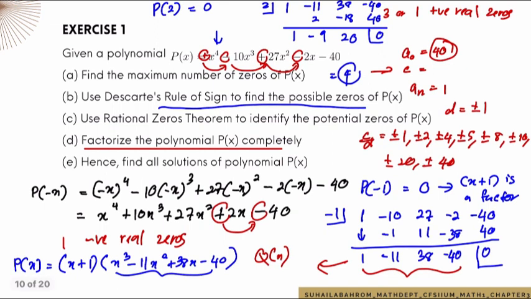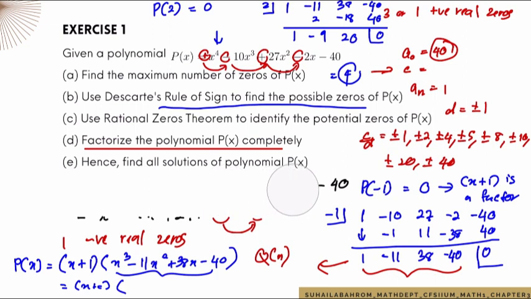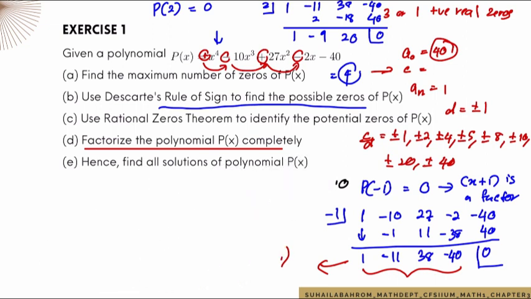So you can reduce this one to x plus 1, and then, let me erase this one first. So you have just now P(x) equal to x plus 1, then x cubed minus 11x squared plus 38x minus 40.